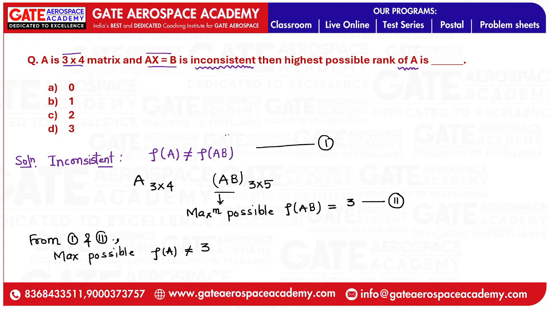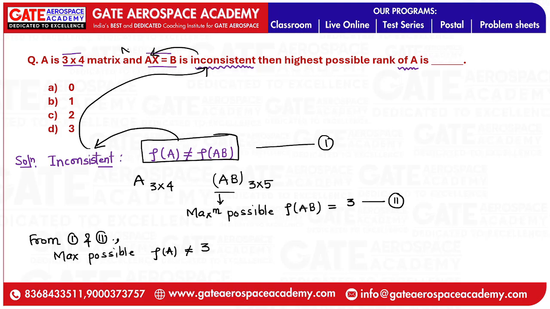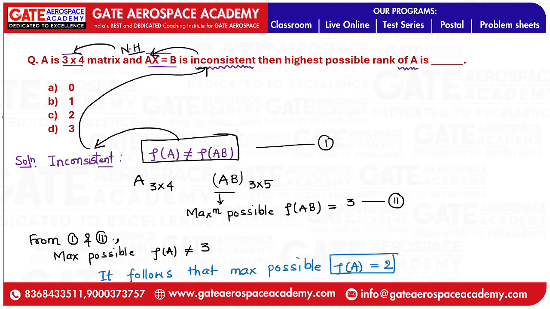Why? Because you check with this condition. Why are we applying this condition? Because he only said inconsistent. Everything is linked: this is non-homogeneous and this is the order. That means it follows that the maximum possible rank of A is equal to 2. So what is the answer for this one?